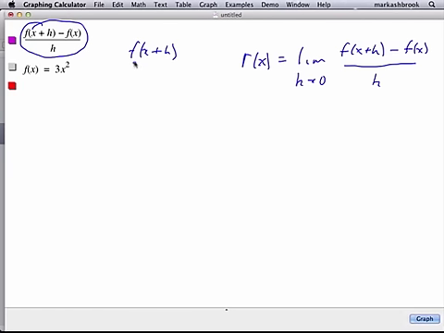Will? No, so just looking at this, forget about that. Just the notation, f of x plus h. What is the input? X squared plus h. Will, you want to try again?